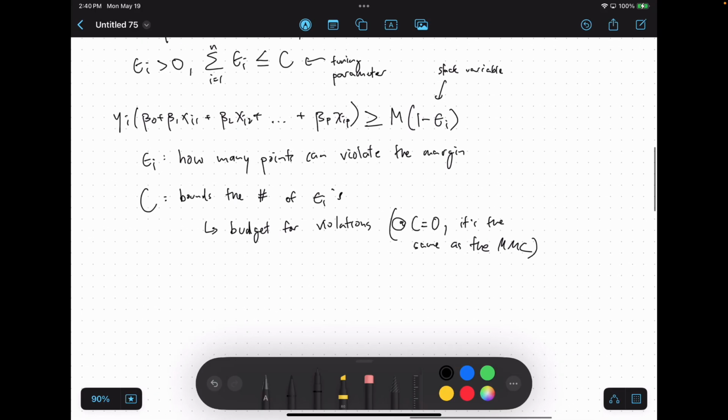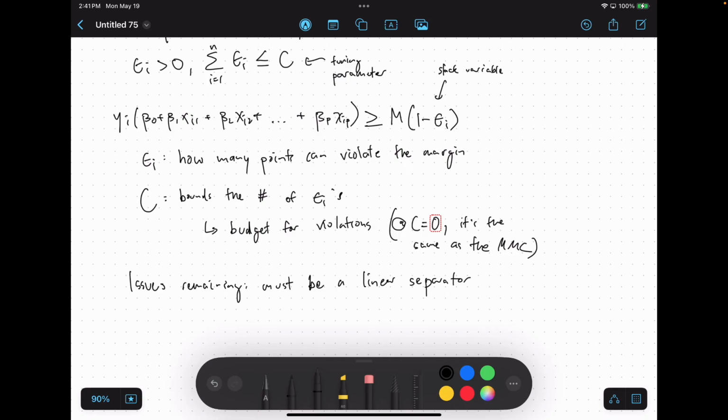The one drawback of this particular thing, so issues remaining, is that it must be a linear separator. Okay?